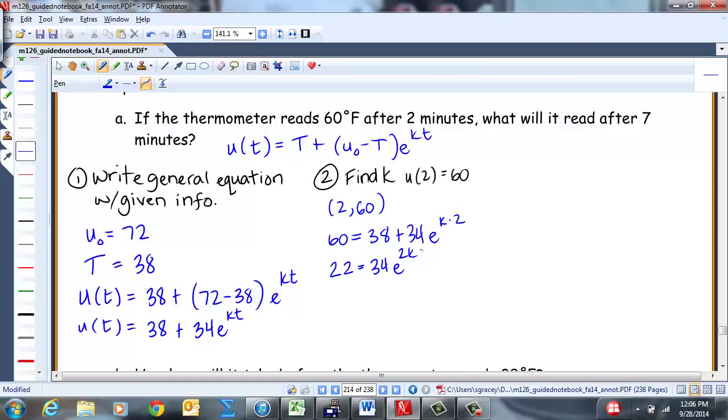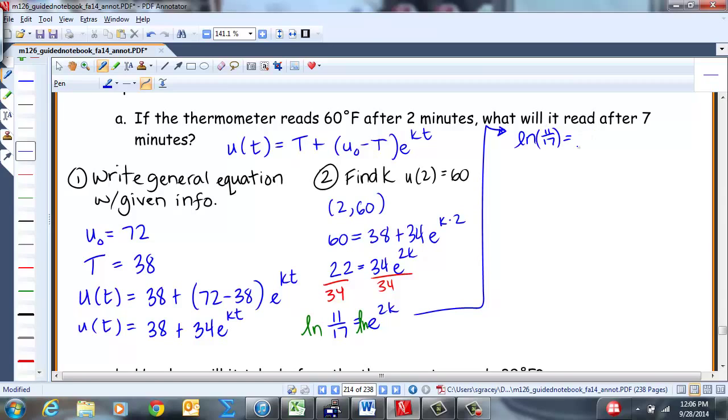So dividing both sides by 34, and reducing, I think we get 11/17 is equal to e to the 2k. And applying the natural log to both sides, we have natural log of 11/17 is equal to 2k.